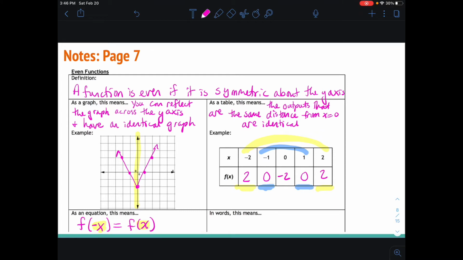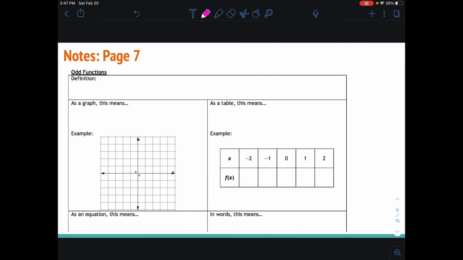So in words, we're going to say opposite inputs produce the same output. Opposite inputs, that's where we see in the highlighting here on the left, produce exactly the same output. So this is how we would see an even function.